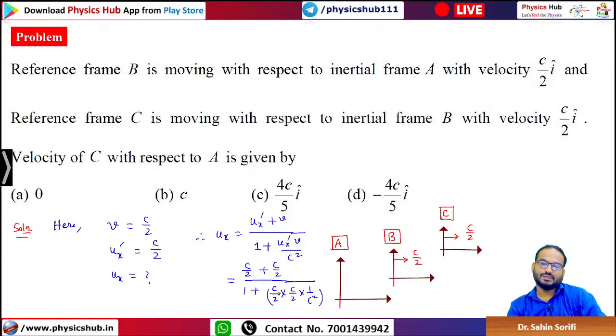So this is 1 by 1 plus 1 by 4, which is 1 by 5 by 4. So 1 by 5 by 4, that is 4 by 5 c. And ux means i cap, so 4 by 5 c i cap.